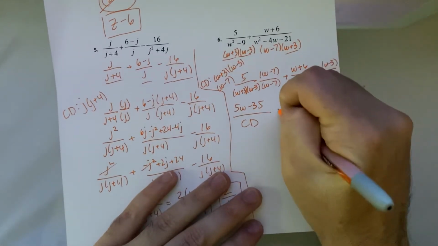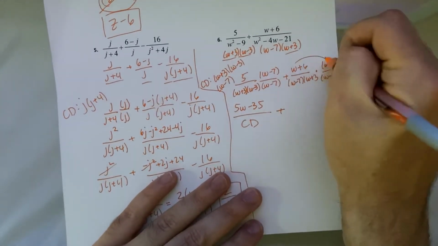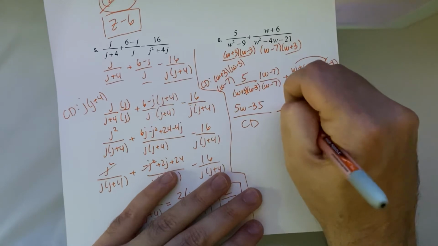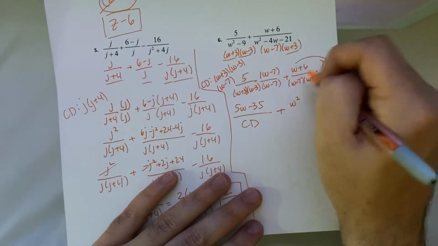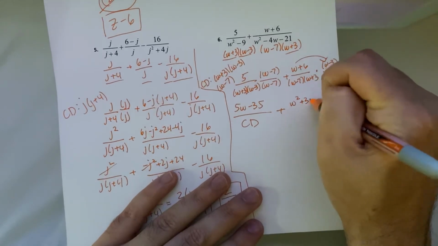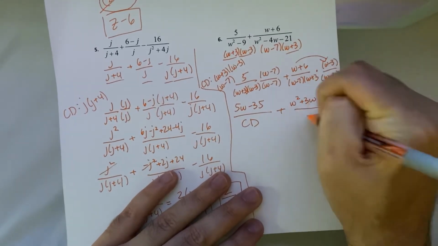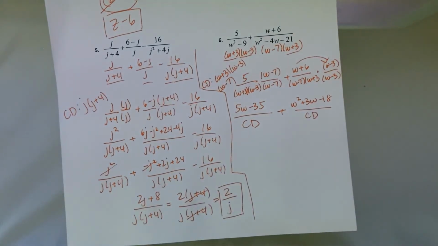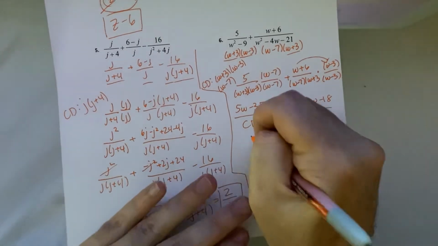My second fraction, I'm going to multiply out my FOIL, or distributive property here, w squared, looks like minus 3w plus 6w, so plus 3w minus 18 over my common denominator. I'll rewrite it when I combine these here in a second.